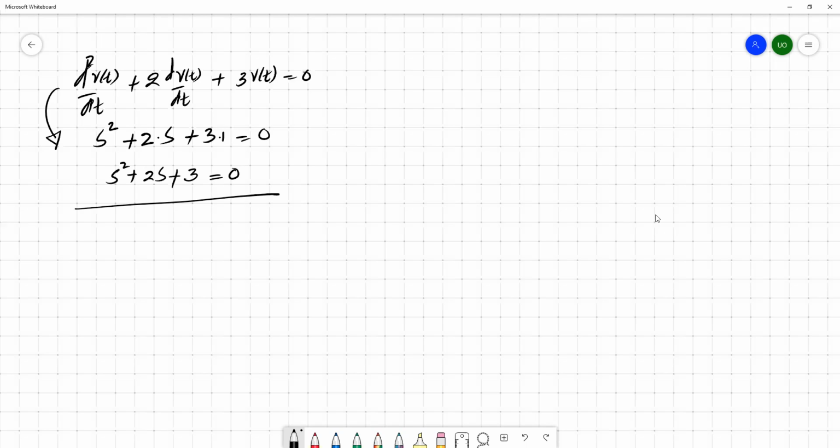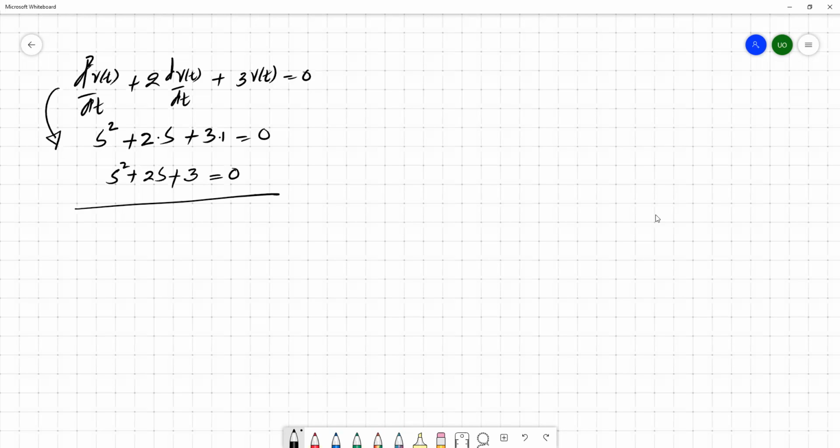Keep in mind, if the right hand side is non-zero, when we are dealing with external sources, the characteristic equation is basically found for the natural response. So you have to ignore the impact of sources.